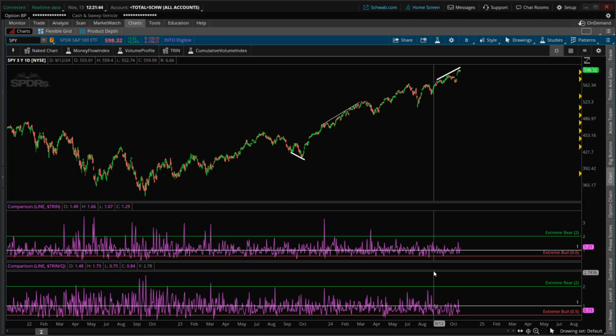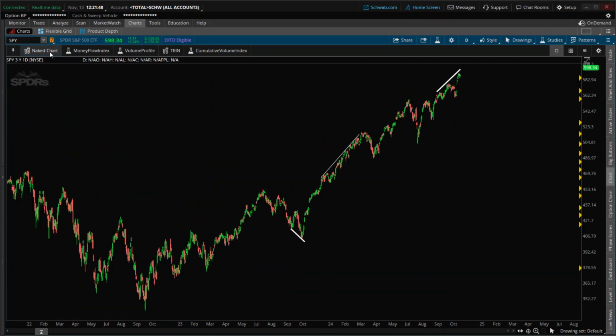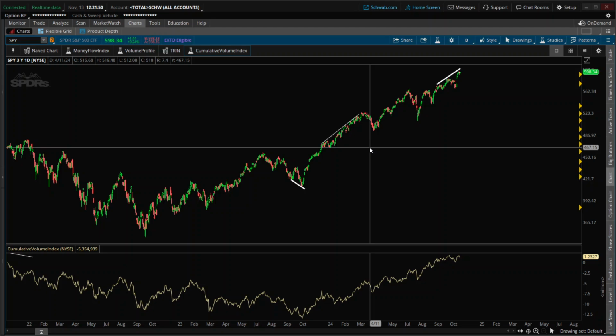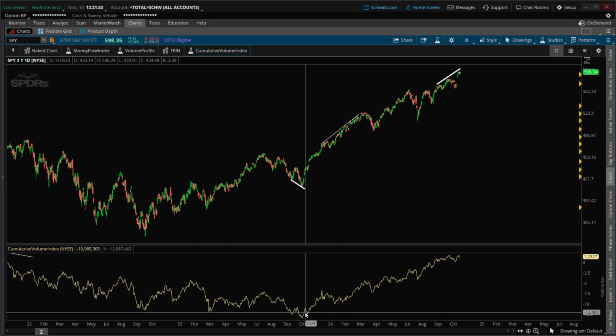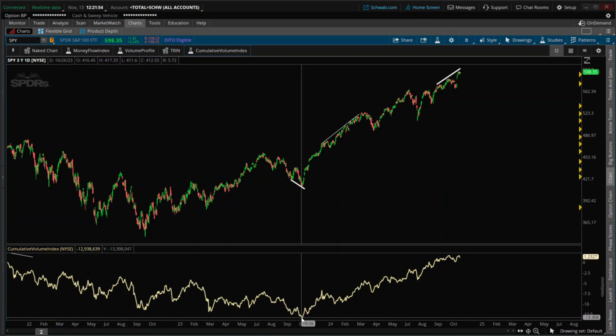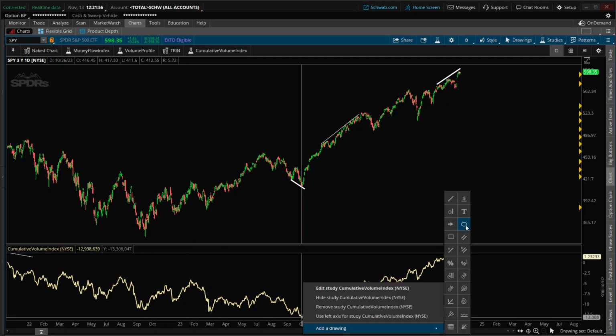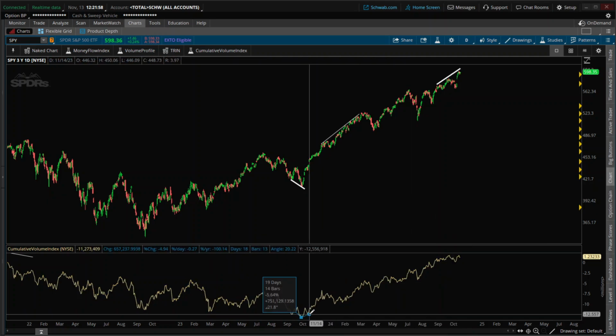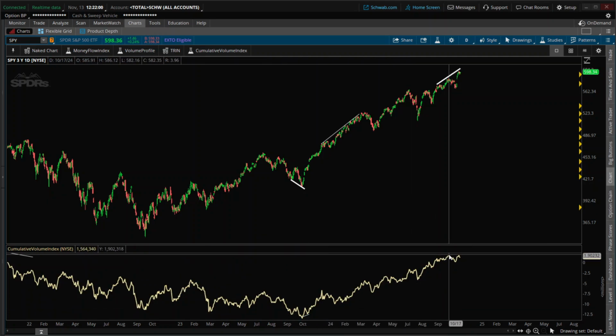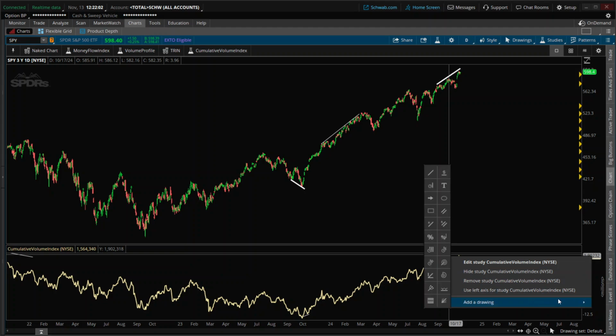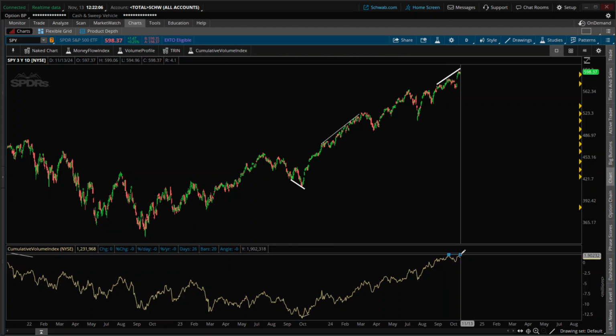So again, most of our indicators show the negative divergence. That one does not at this point. So here's a good low. It marked a great low, actually. And then we're starting to diverge here at this point as well, right at the tops here.